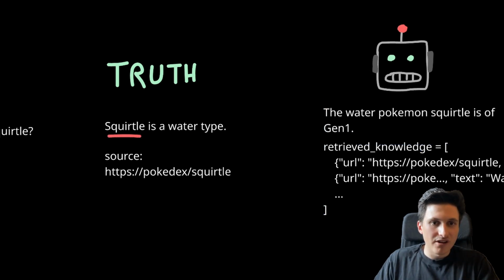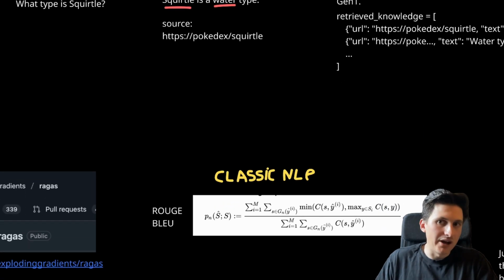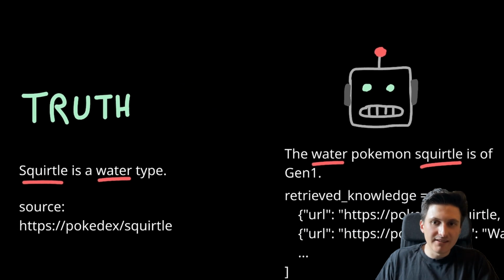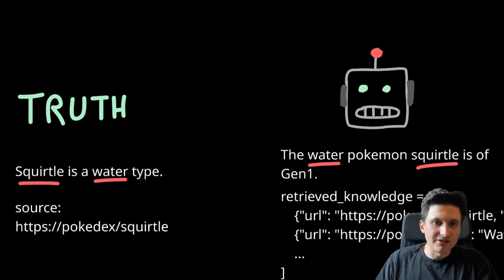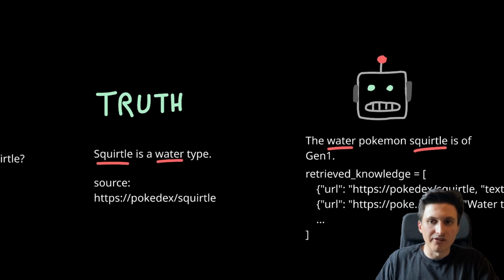Then, of course, because both the answer of the assistant and the ground truth contain Squirtle, it contains water, and that way we can see that at least there are some keywords that are both in the ground truth and the answer, so it should probably get a pretty high score.